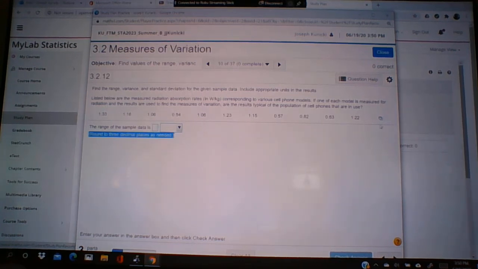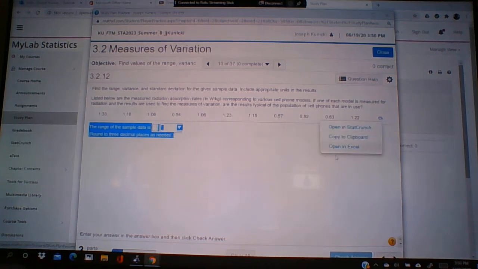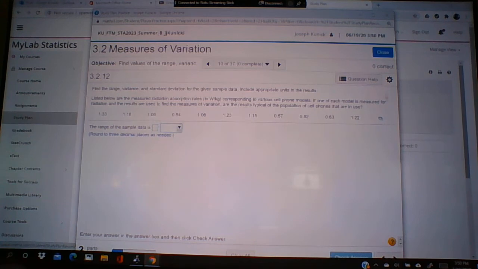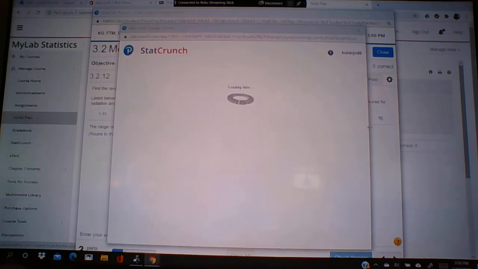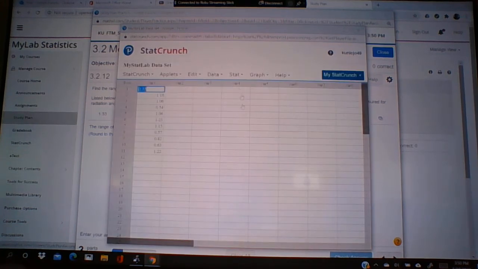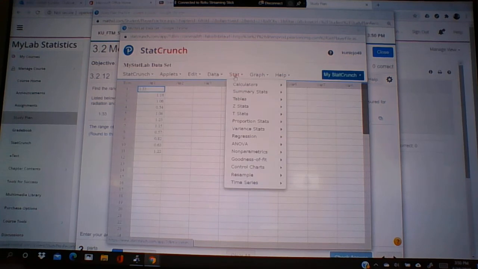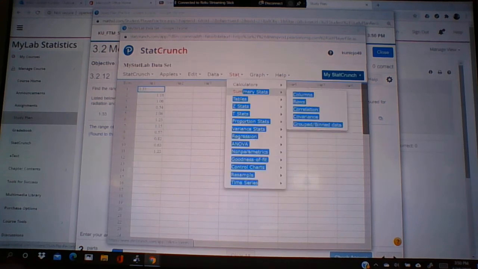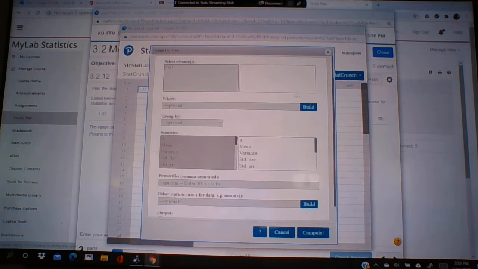So, once again, open StatCrunch. And I do the same thing I did before, stat, summary stats, columns, variable 1.